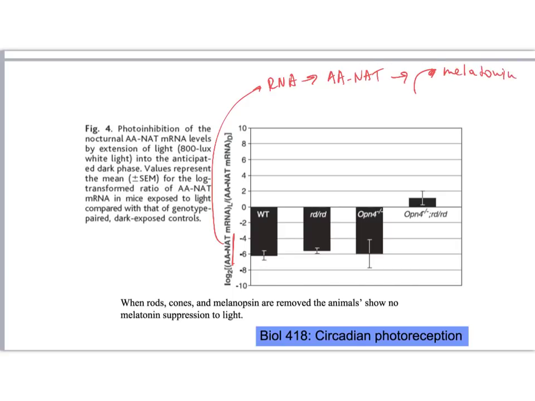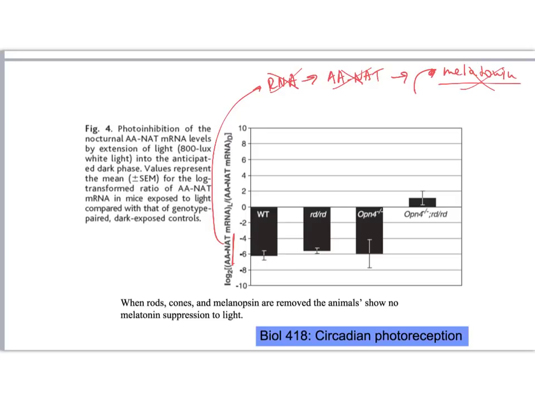So without that enzyme, you cannot have melatonin. And in fact, the way in which melatonin inhibition works in rodents is by inhibiting the synthesis of this RNA. So you stop this, and you stop the synthesis of melatonin.